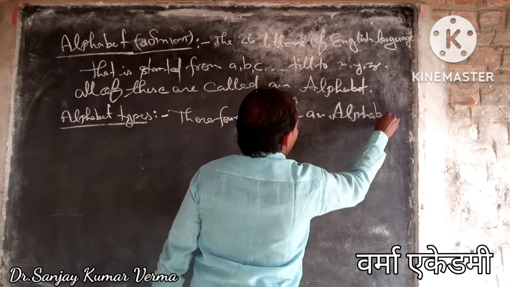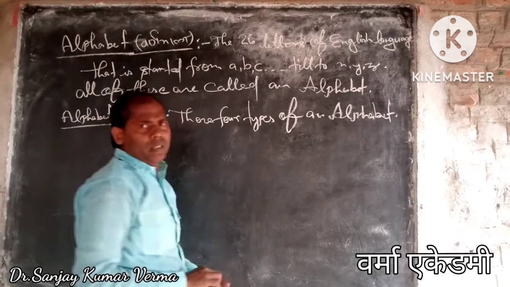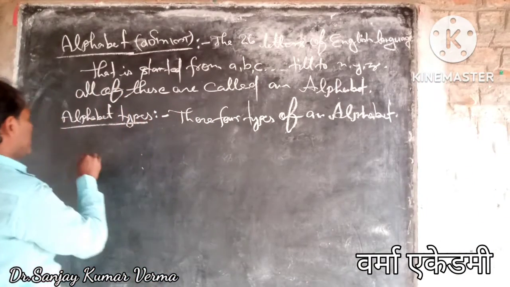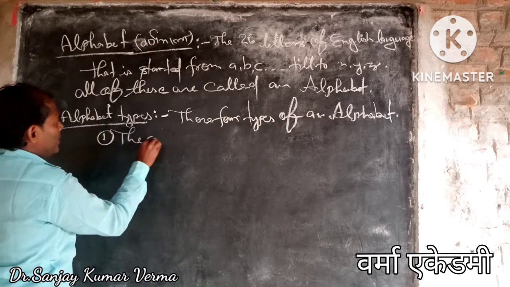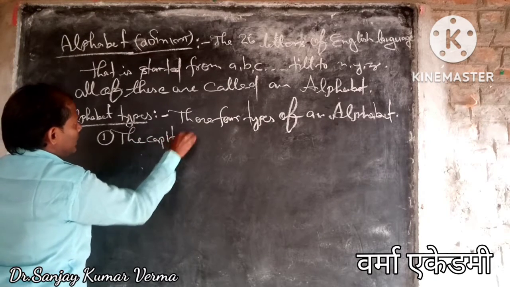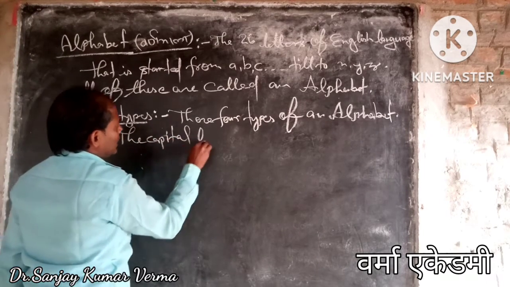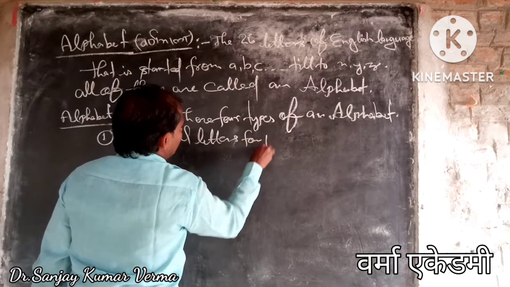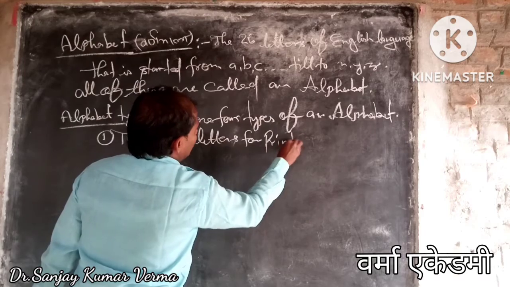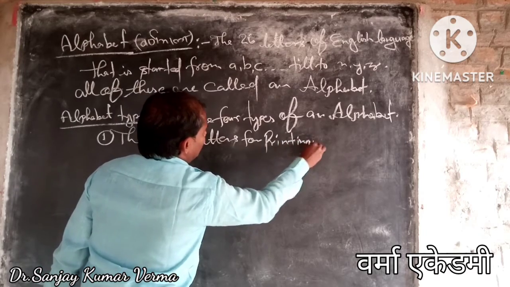There are 4 types of an alphabet. Number first, the capital letters for printing.